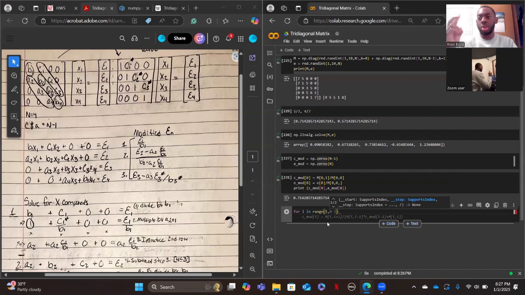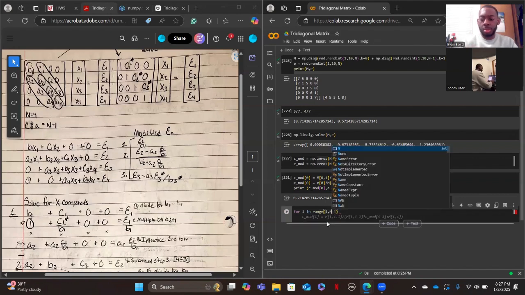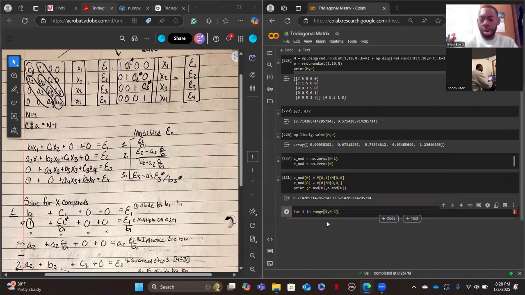So it'll be 0, 1, 2, 3, 4 for all the rows in this case. So we want to start with our first row in Python, second row in real life, all the way to our fourth row. So that would just be n minus 1.